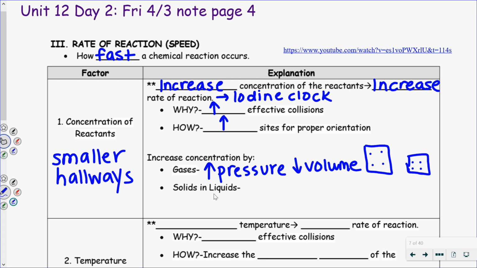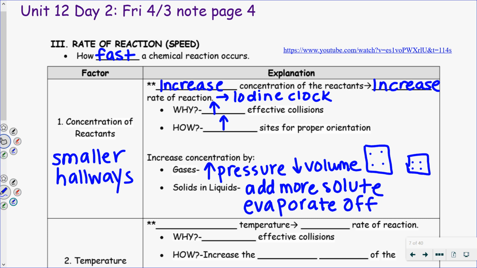Now for a solid and a liquid, or a solid in a liquid, to get something to be more concentrated, you can either add more solid solute to make it more concentrated, or you can evaporate off some solvent.